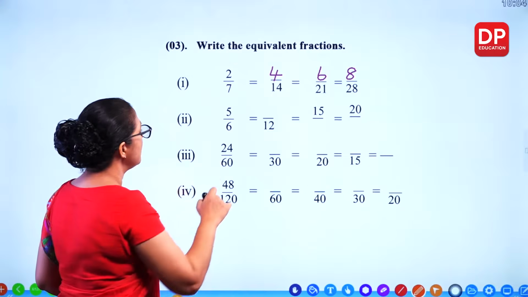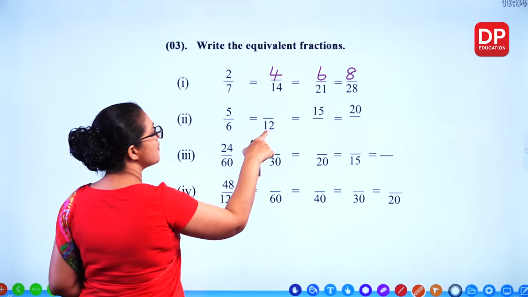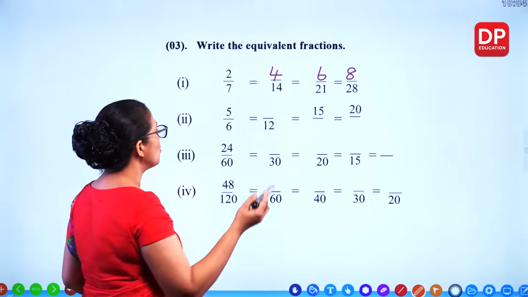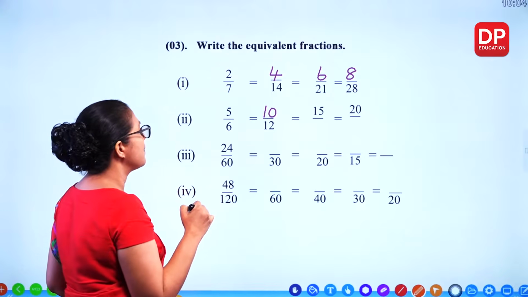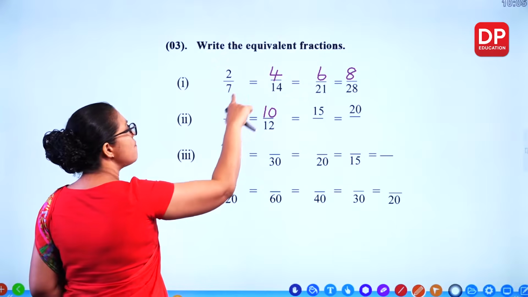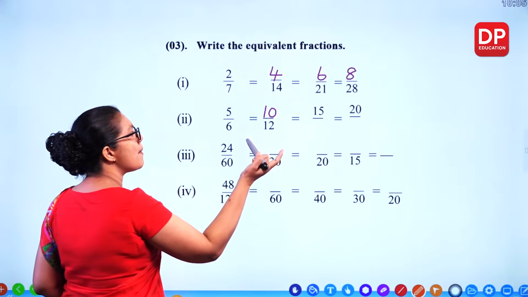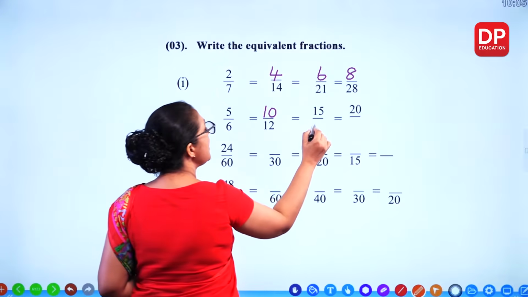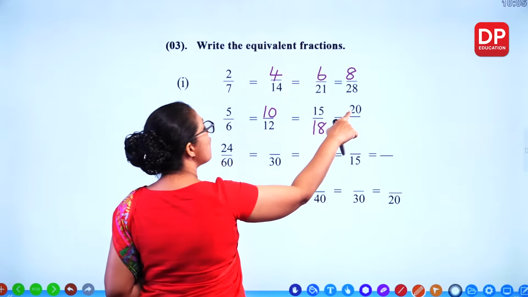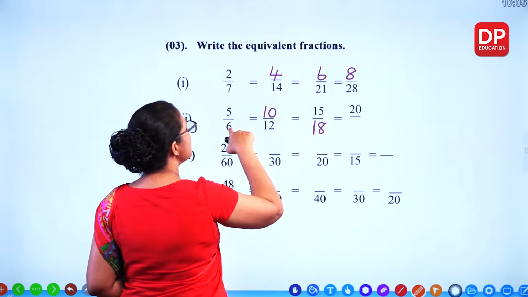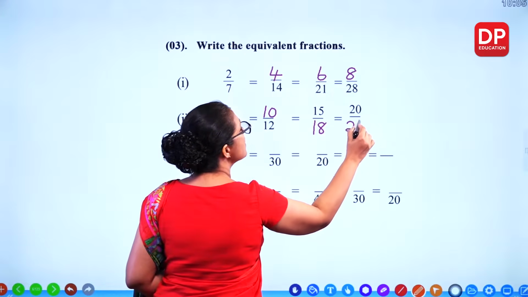Look at this one. 6 becomes 12. That's multiplied by 2. Do the same thing. 5 multiplied by 2, you get 10. 5 becomes 15. That's multiplied by 3. 6 times 3, 18. This one, 5 multiplied by 4, you get 20. 6 times 4, 24.